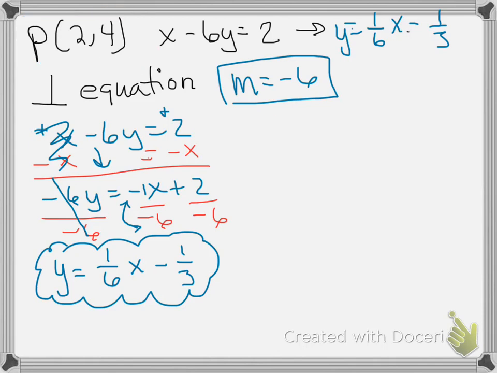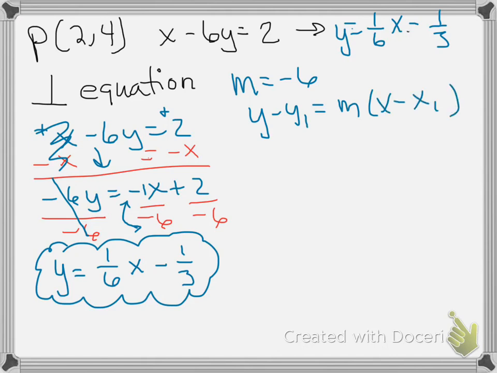We're going to use these for the point-slope form, which is y minus y1 equals m times x minus x1. Remember, because they're perpendicular, the slopes are opposite. That means they're different signs, and you flip them. Because we have 1/6, we flip it. Now it's 6/1, and negative 6/1 is negative 6.